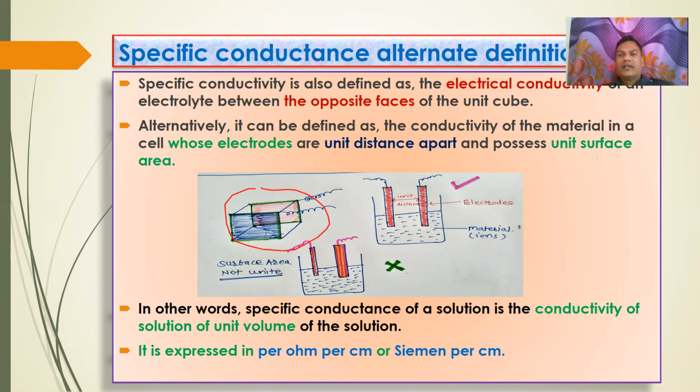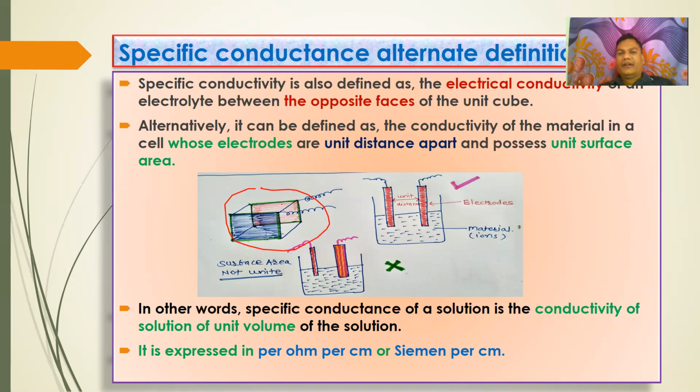Consider this face indicated by the red line, and the opposite face by the blue line. Between these two I have shown one electrode as anode and the other as cathode. The electrolyte present between these two opposite faces of the unit cube, and the conductivity carried by that electrolyte, is nothing but the specific conductivity.